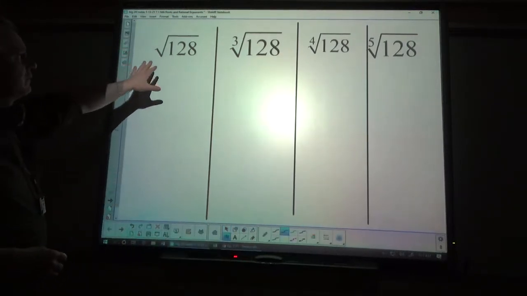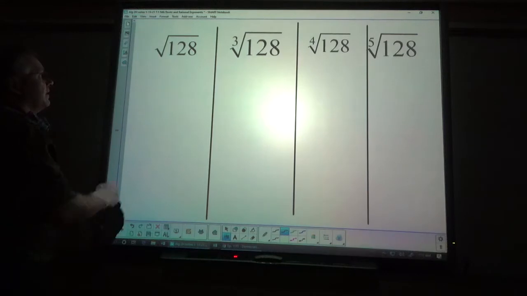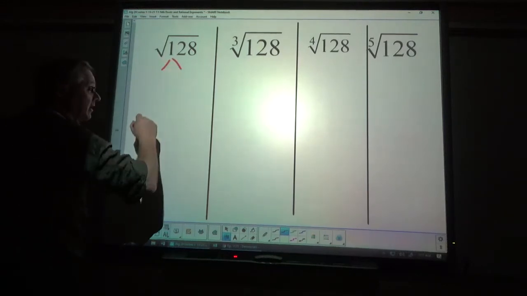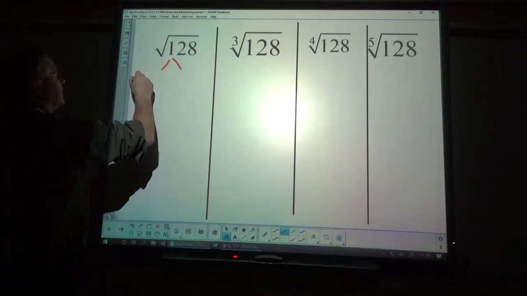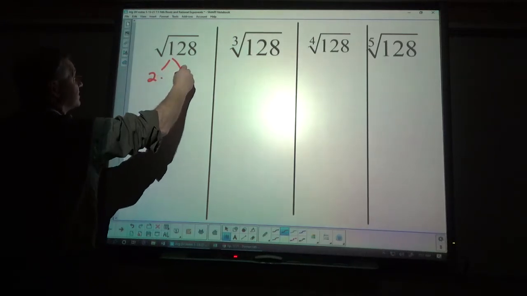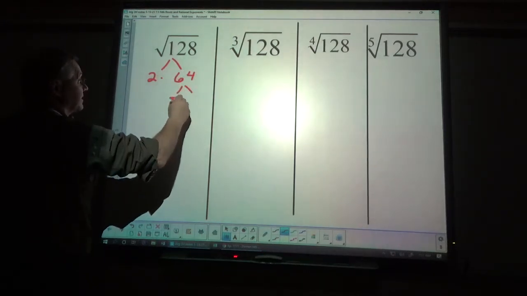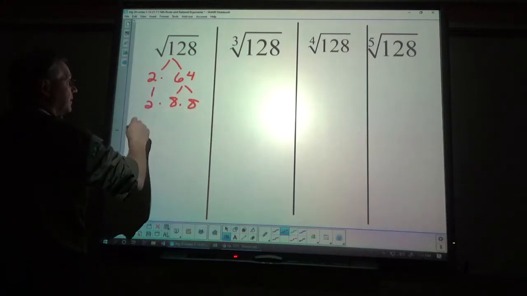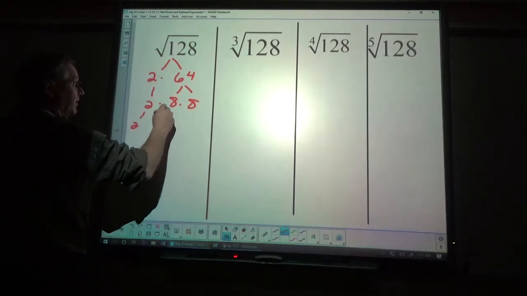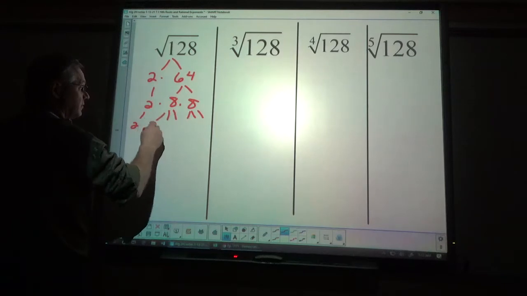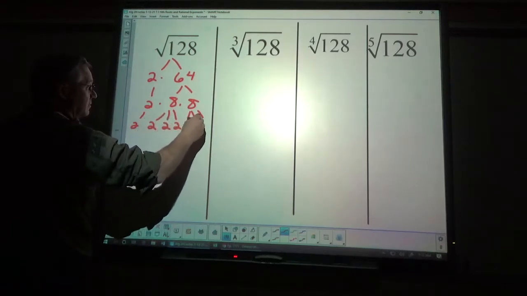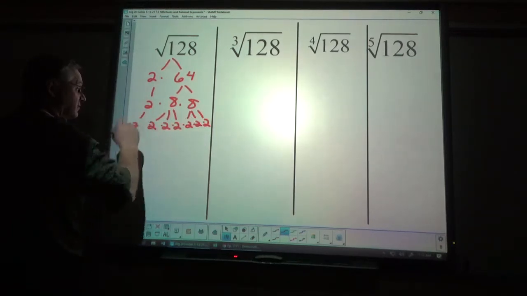If I were working with a square root, we would break this apart like 2 times 64, this is 8 times 8, and then I'd break these into 3 2s. So 7 2s.